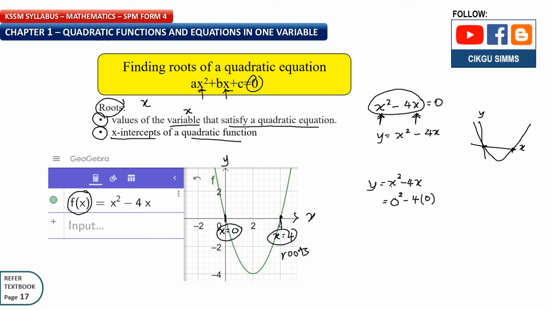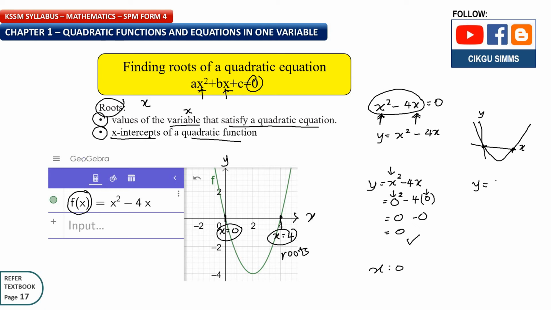I substitute x with 0. So 0 times 0, we get 0. 4 times 0, you get 0. 0 minus 0, you get 0, right? So you see, this satisfies the equation equals 0. So that means this value of x, which is 0, is the root. So x equals 0 is the root.